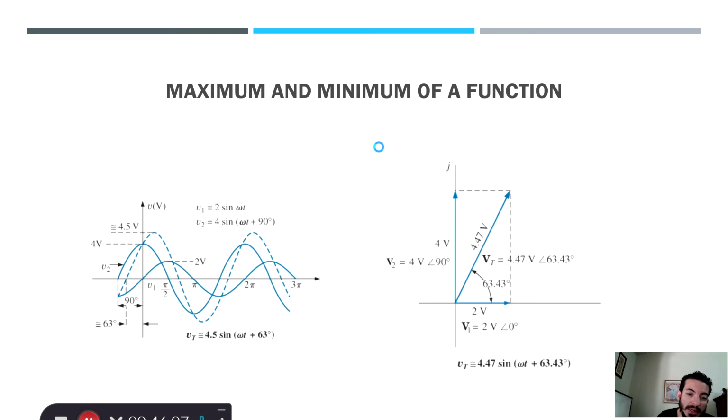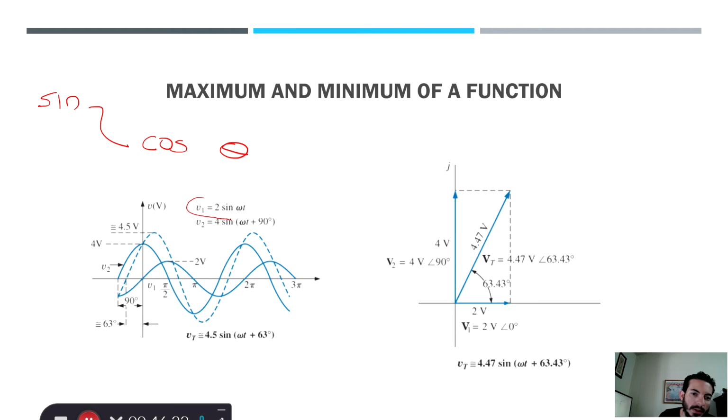But this is an interesting thing: if you remember from your calculus, when you derive a sine wave, you get a cosine. But we also mentioned that a sine wave is a cosine wave with an offset of theta.